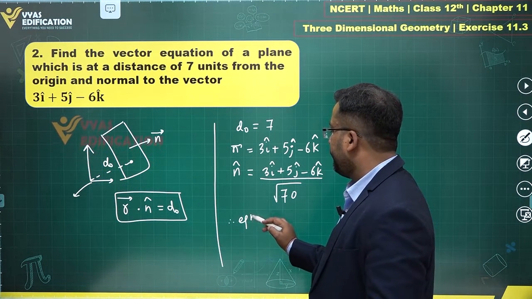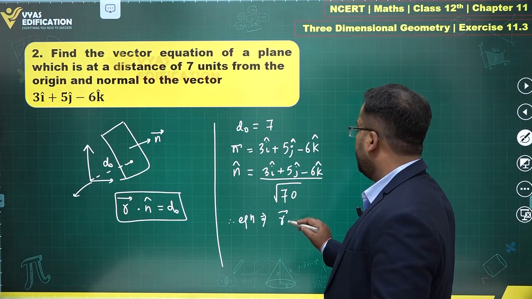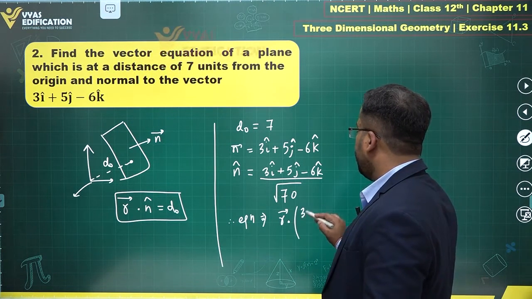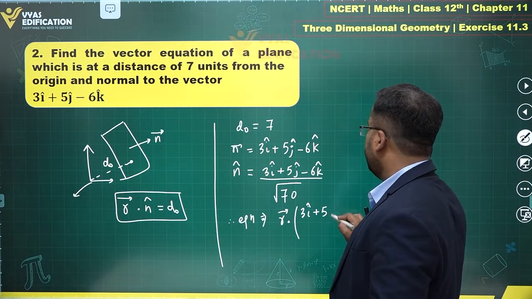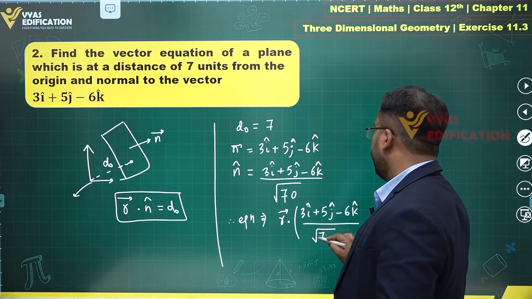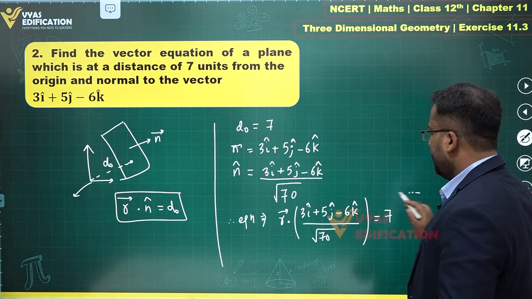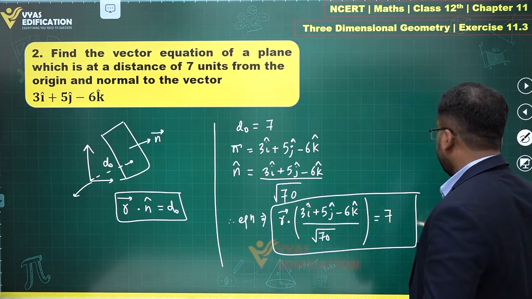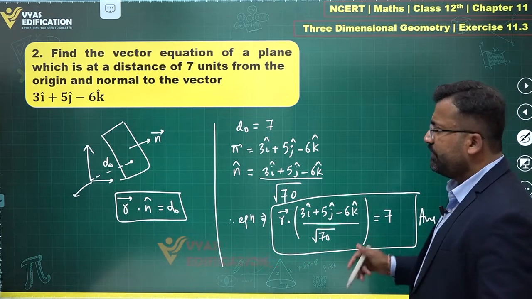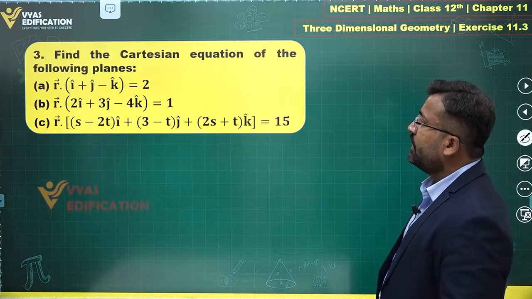Therefore, the equation will be r vector dot (3i cap plus 5j cap minus 6k cap) upon square root of 70 is equal to 7. That's my final equation of this particular plane. Yes, that's the answer of this particular question number 2.